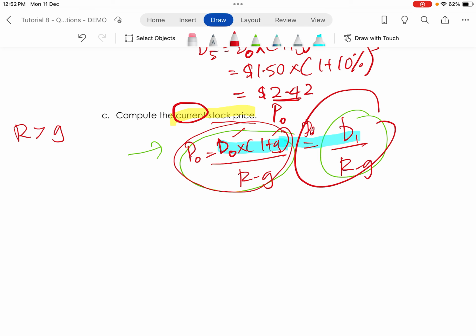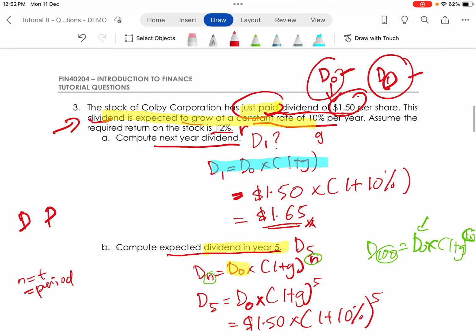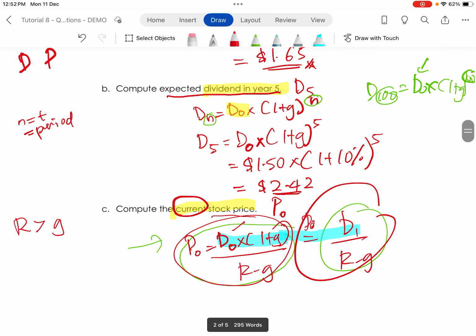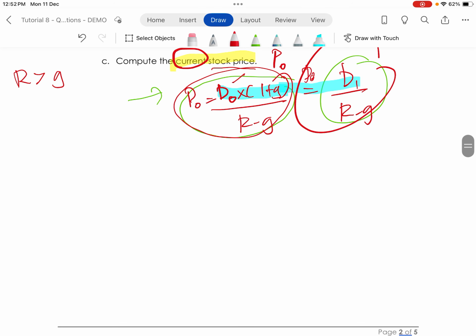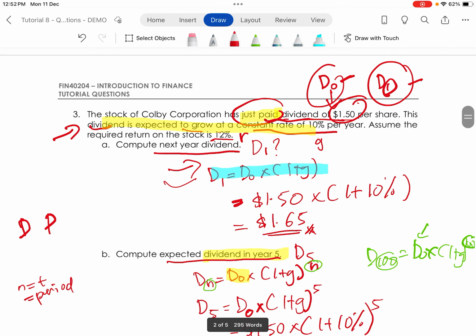For this question, you can actually use either one, because in A1 they already asked you to calculate D1. But let's assume we don't have A1. Either way you still get the same answer. So let's say we want to use this one. The D0 just now is 150, multiplied by 1 plus the growth rate of 10%, and then the required return is 12%.